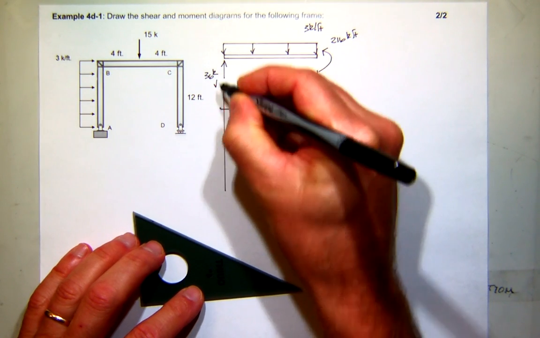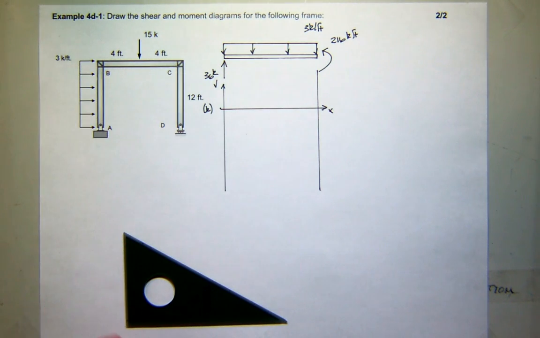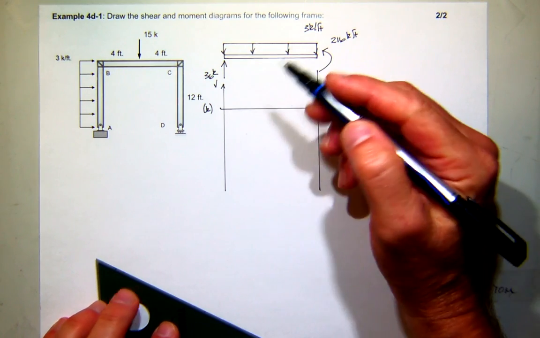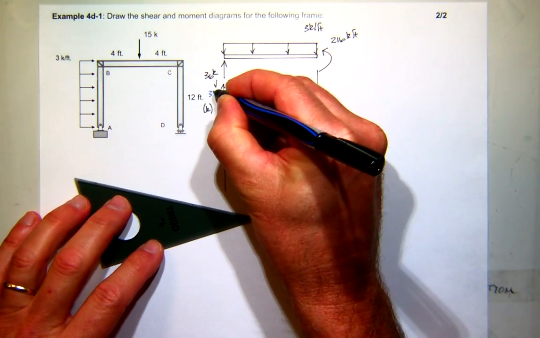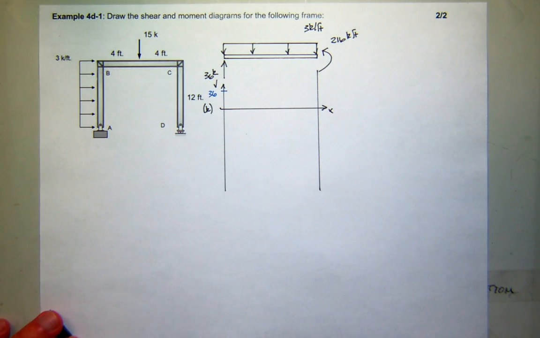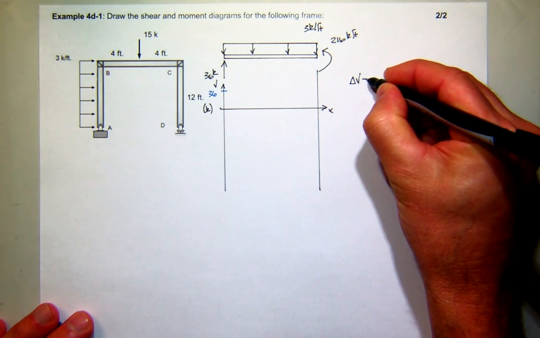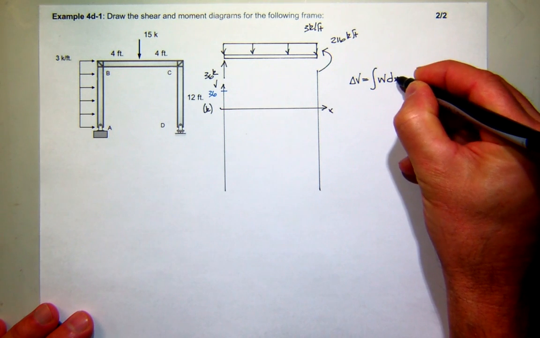This would be shear in units of kips. What is the shear at, in this case, A? 36. Is that positive or negative? Positive. Now remember our principle is that the change in shear is the area under the load diagram.